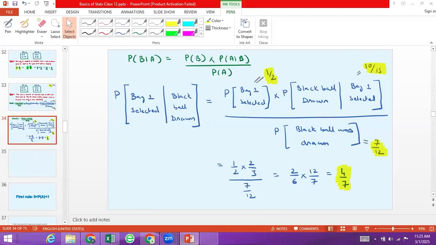Before applying any formula, we need to think about what will happen. That actually comes with practice, right? The more you practice, the more you will get to know that this can be solved using that particular formula. Without practice, it's not possible.